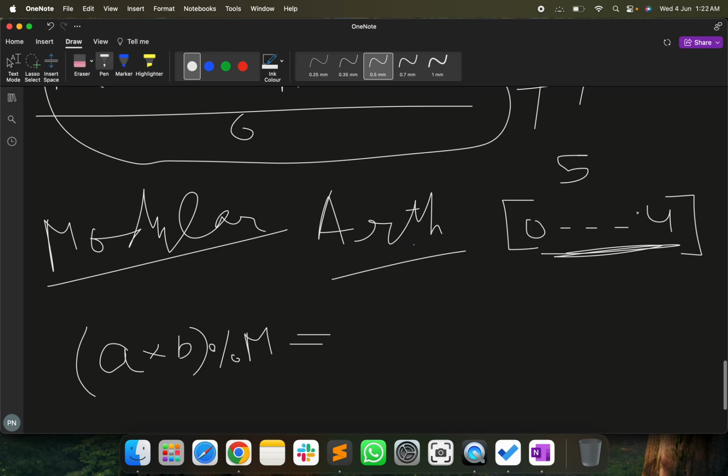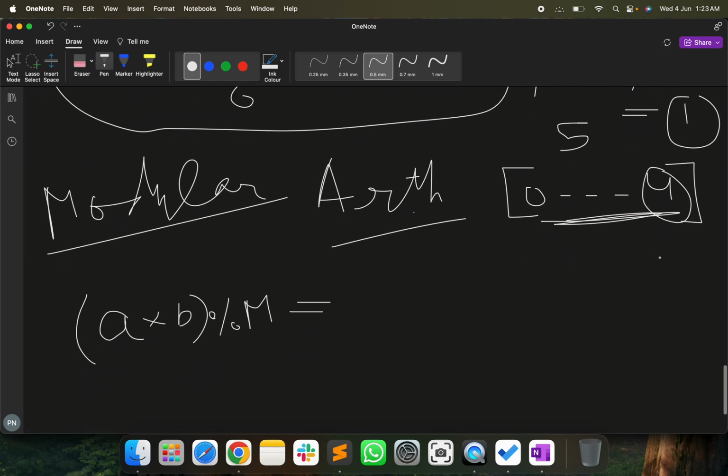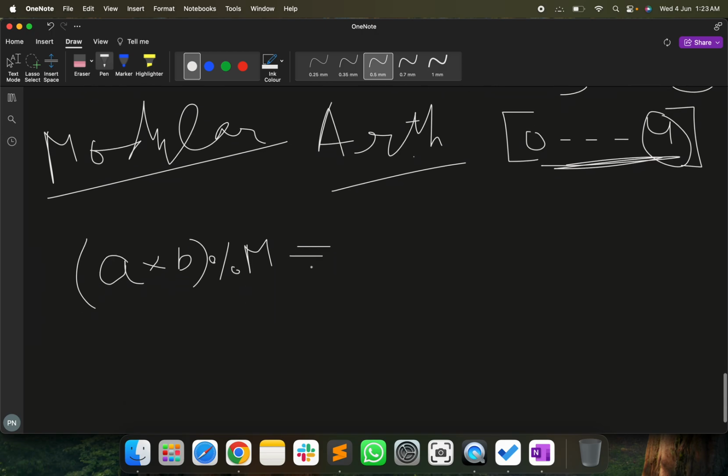This is what mod does. Like if we take 11 mod 5, mod in general is just a remainder. So for 5, the maximum remainder we can have is 4. So if we have to take the mod of multiplying two numbers, it will be a mod m, because a can be greater than m.